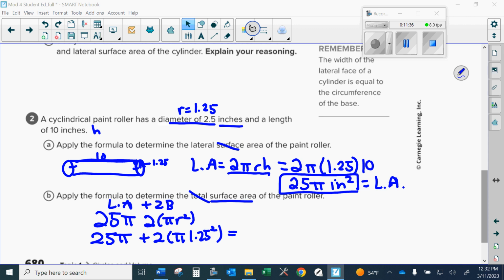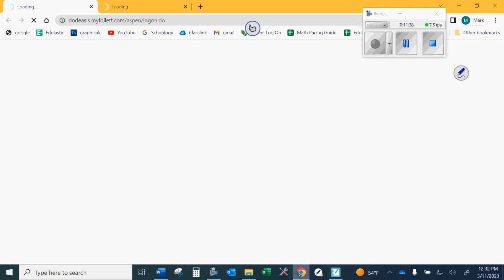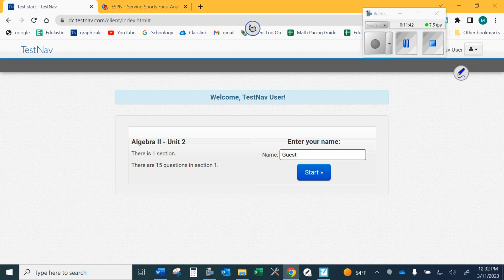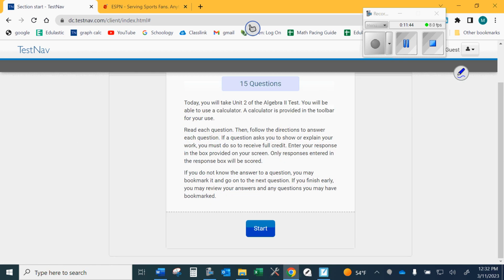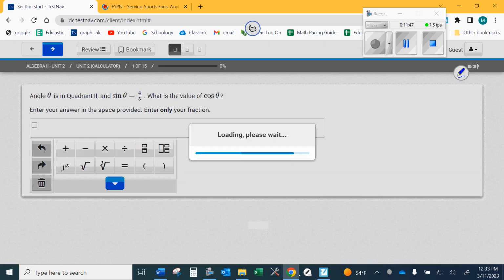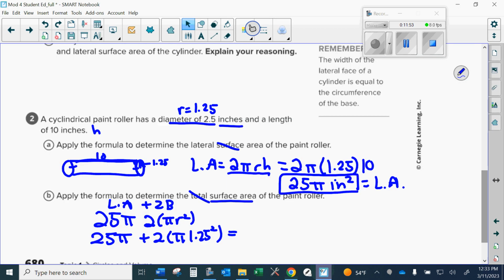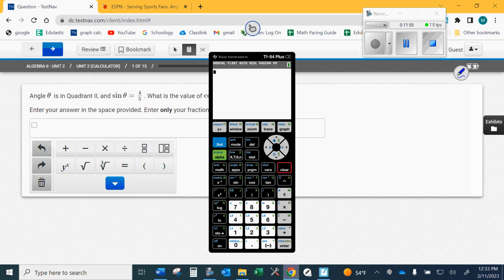I don't have the calculator up. Let's see here. Graphing calculator. Okay, so 1.25 squared times 2.